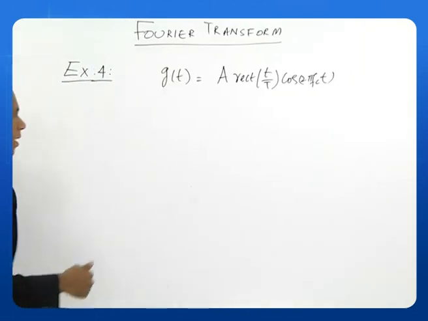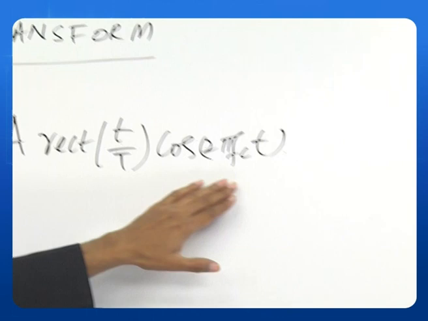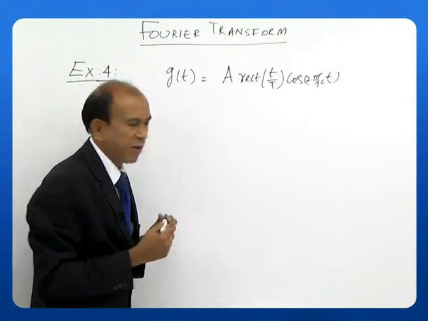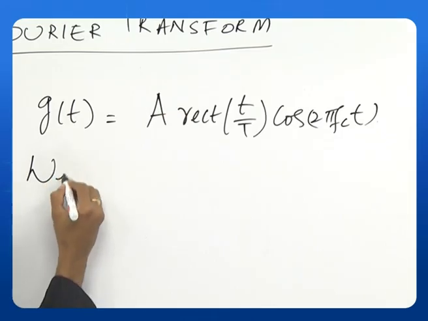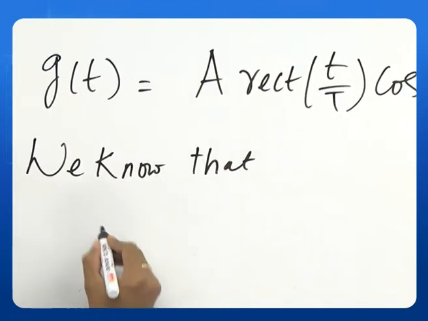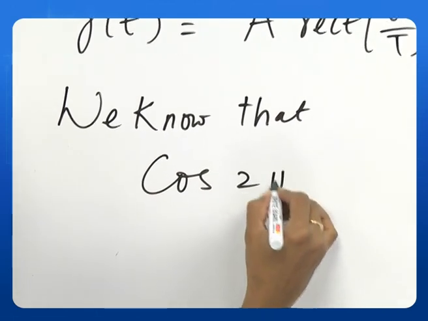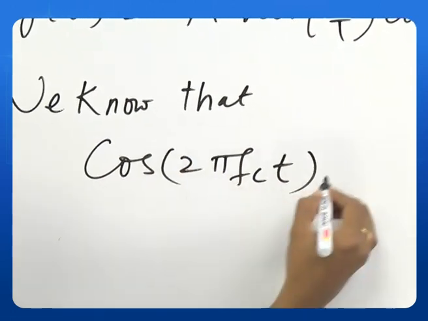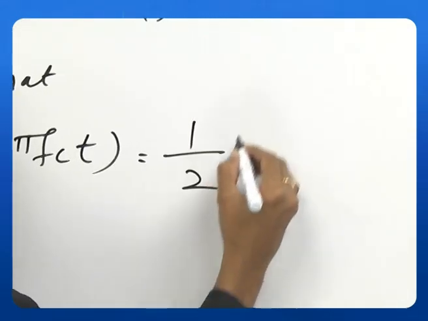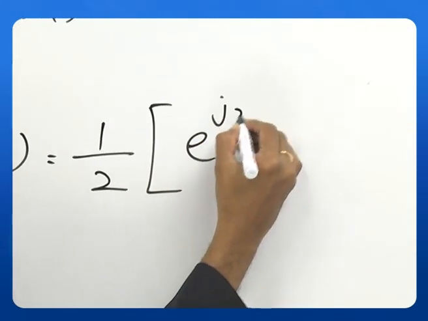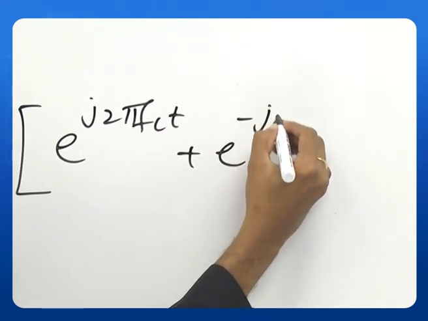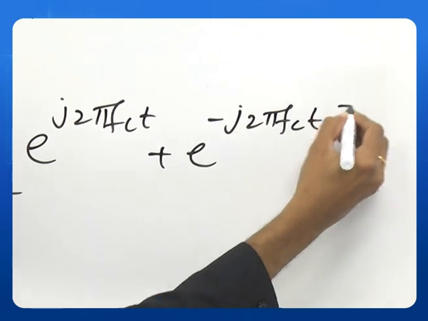Now, how to solve this? We also know what cos 2 pi f c t is. Cos 2 pi f c t in fact can be written in terms of exponential components, that is, half of e to the power of j2 pi f c t plus e to the power of minus j2 pi f c t.